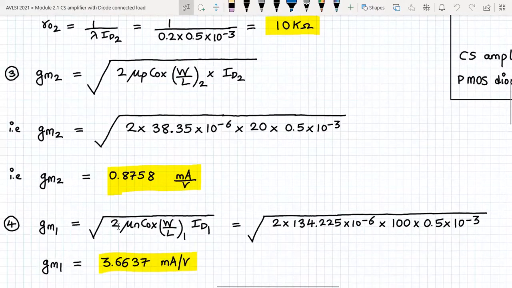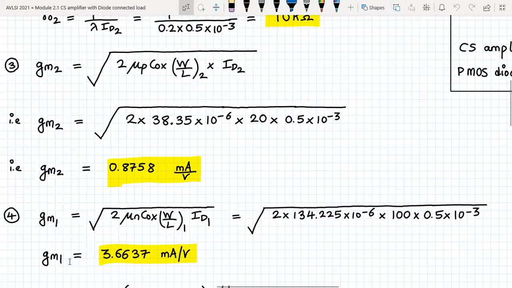It is the square root of twice mu n Cox W by L of 1 into ID1. Mu n Cox, W by L of 1, and ID1 are all available. Plug in the values and take it under the square root, and the calculator should give you GM1 as 3.6637 milliampere per volt.